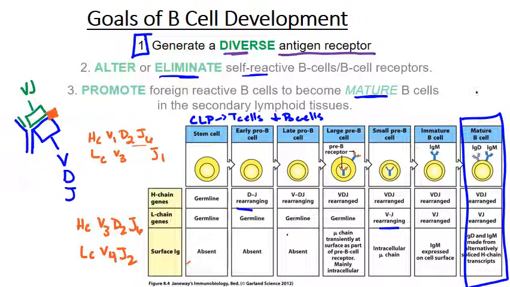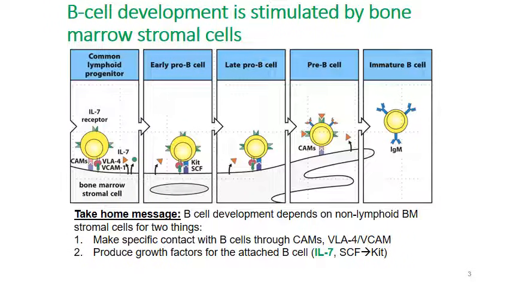This mature B cell is able to leave the bone marrow and head out into the periphery, which is really the spleen and lymph nodes, where it will complete its differentiation and eventually become an antibody secreting plasma cell.